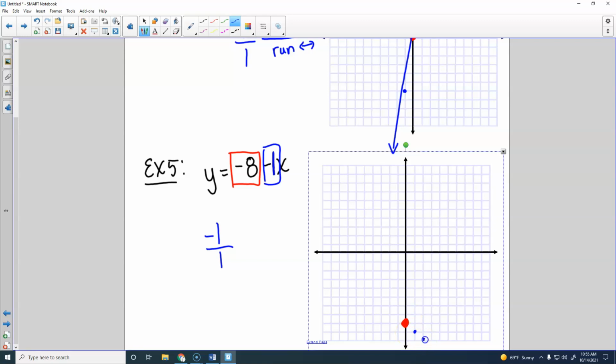So that would look like this. Now, I run out of room really quick right here. Alright, so I can't really graph the line very well. So I can just go in the opposite direction. Because negative 1 over 1 is the same as 1 over negative 1. So I could go up 1, left 1. Up 1, left 1. Right? And so you can get nice pretty dots to draw a nice line there. Okay, questions?